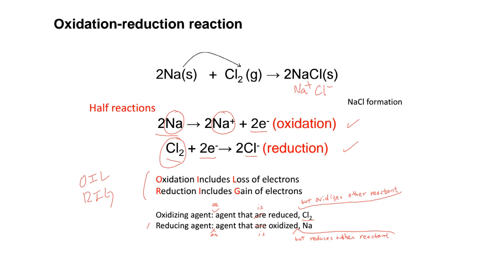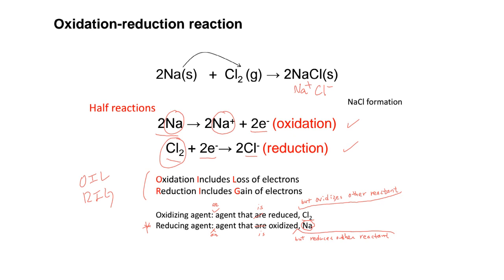On the other hand, a reducing agent is an agent that is oxidized during the chemical reaction, but reduces the other reactant. So when you pay attention to sodium, sodium underwent oxidation reaction, and where are the electrons used?